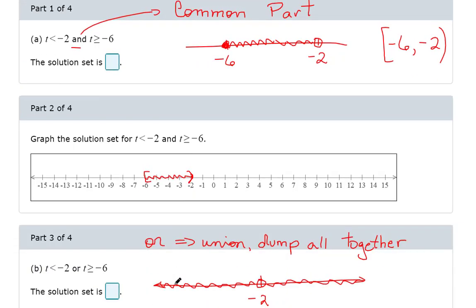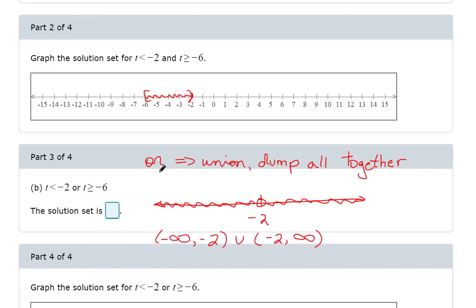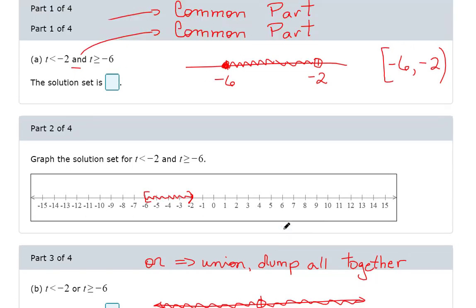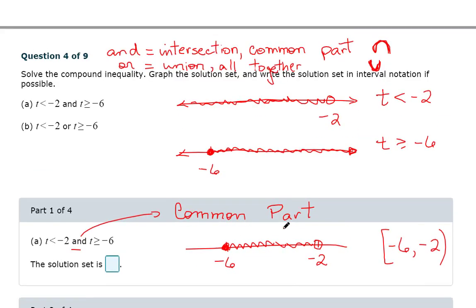In the third part, we are looking at the or, the union, and we're going to dump everything together. So let's go back and look. What if we dumped everything together? All of this stuff. If I dump it all on one number line, I'm certainly going to get everything under minus 2.